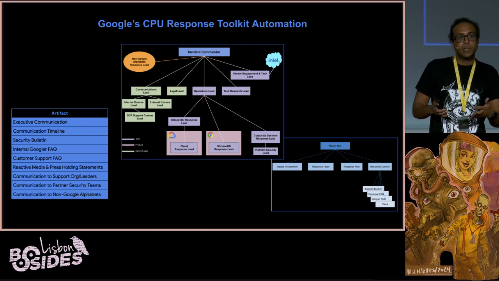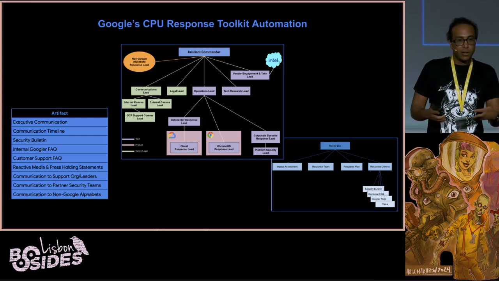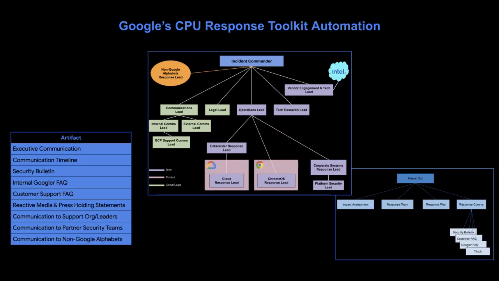One of them is creating artifacts, like the security bulletin, communication documentation, preparing a reactive statement in case something gets leaked. So I thought we could automate some of this work, also including preparing the fixes and linking that to the automation systems that push the fixes.